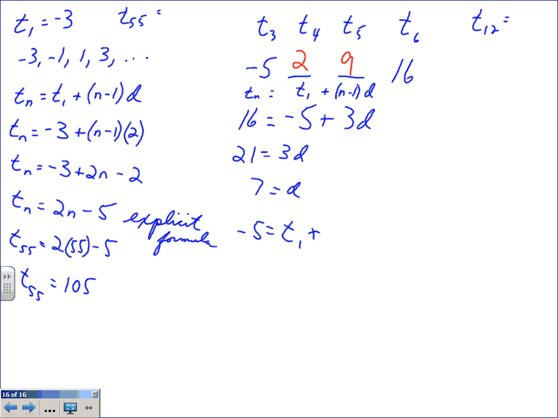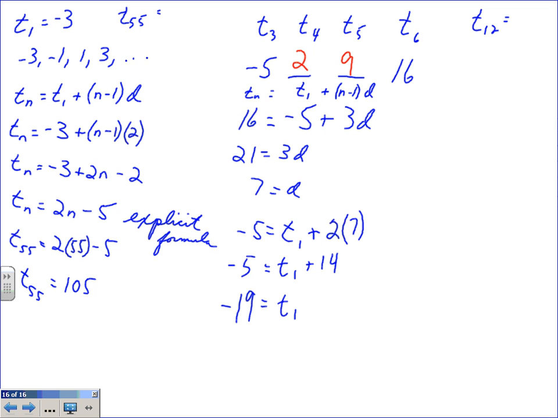Remember, -5 is your third term. 3 minus 1 is 2 times the difference, which is 7. T1 plus 14 equals -5. Subtract 14 from each side. That's the first term.